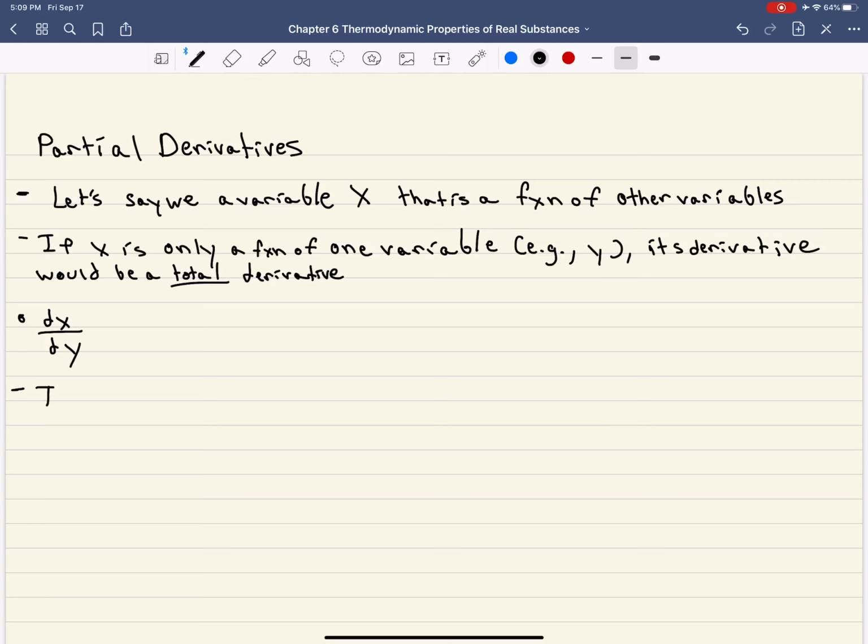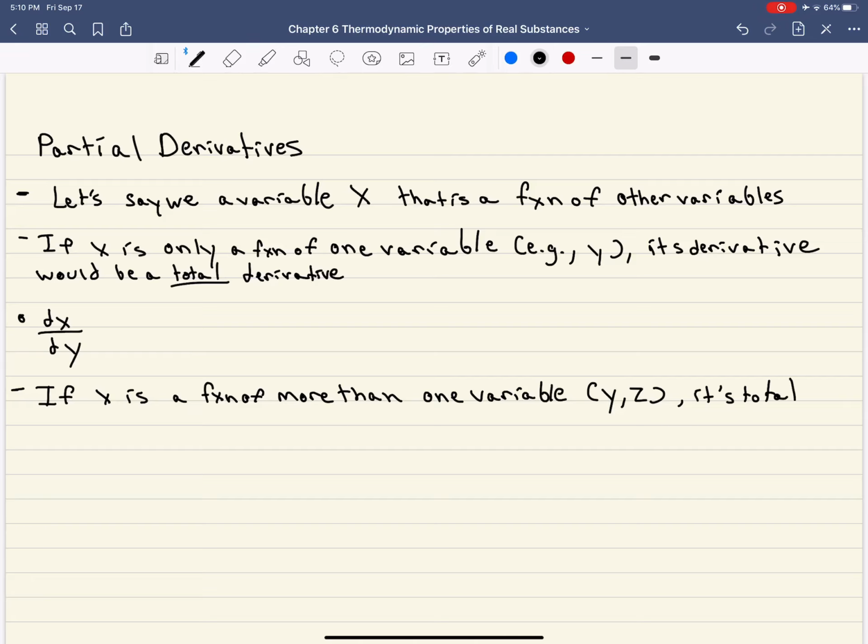But if x is a function of more than one variable, so let's say it's a function of both y and z, its total derivative wouldn't be the function of just one thing, but its total derivative is going to be the sum of what we call its partial derivatives.